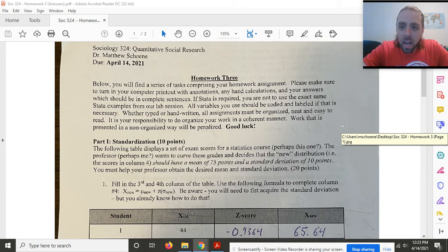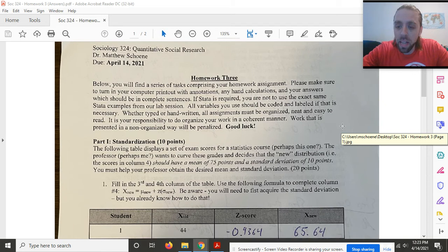We had a homework assignment this week that asked for 3 things. First, I wanted you to show me that you could apply what you learned about standardization and z-scores to a real world problem.